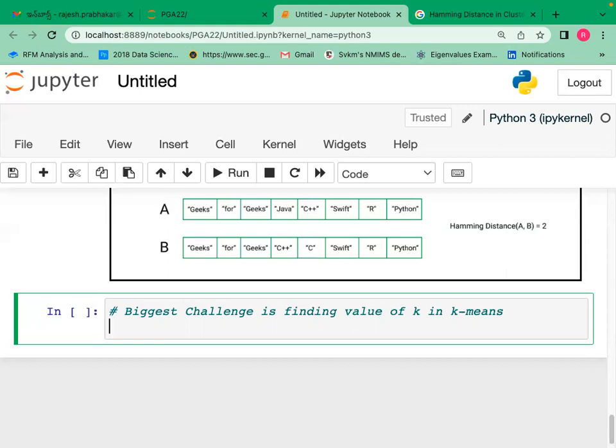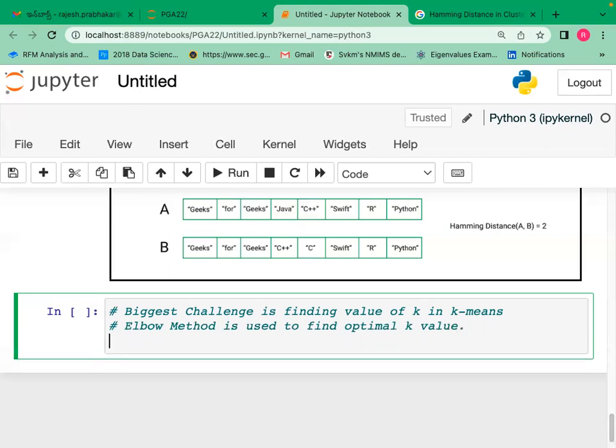To find the k value, we have something called the elbow method. Same as the elbow plot method, there we plot it as a straight line; here we plot it as an elbow. It is used to find the optimal k value. The optimal k value is usually found using the elbow method.